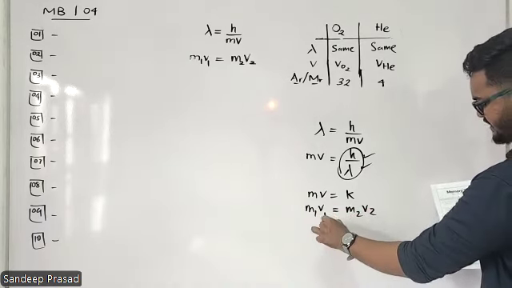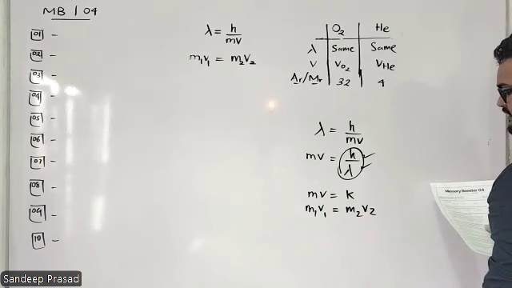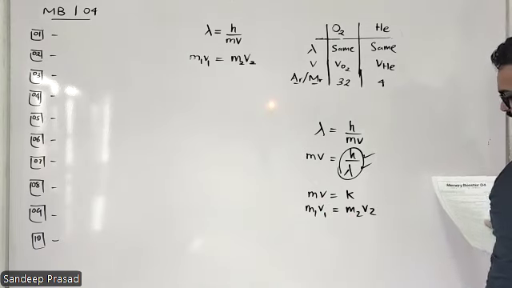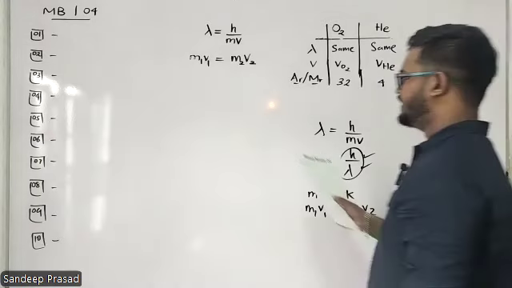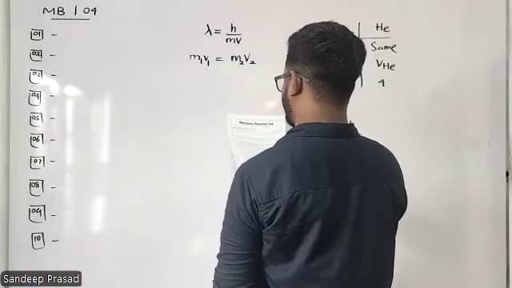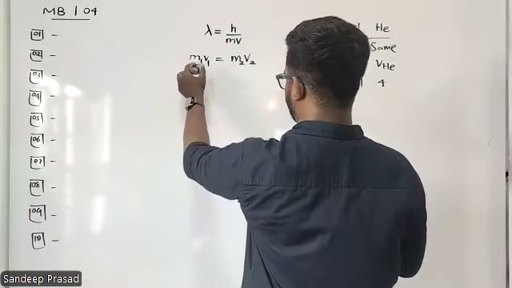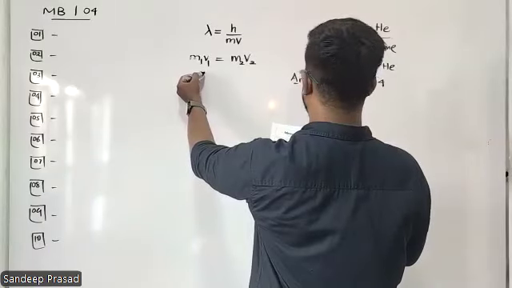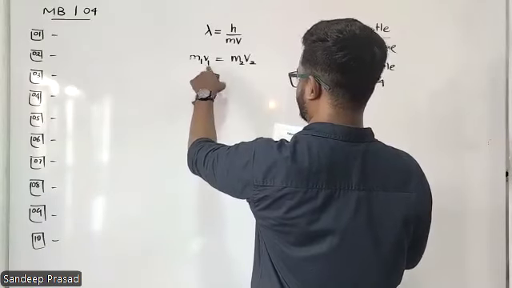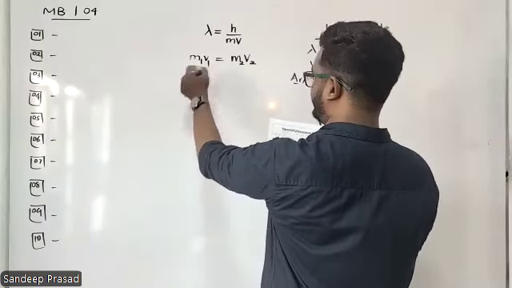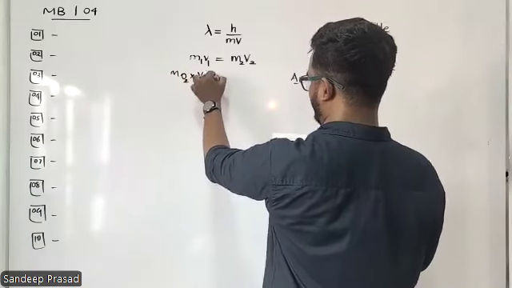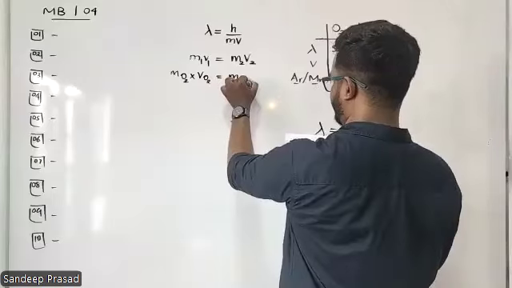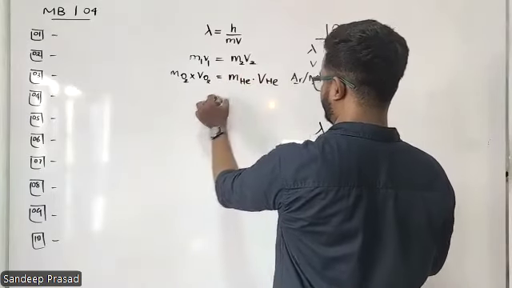That means for the oxygen gas, the mv product is equal to the mv product for the helium. They're asking about the ratio between the speeds, no? Let me consider V1 is the speed of oxygen, M O2, and this is V O2. This is M helium, and this is V helium.